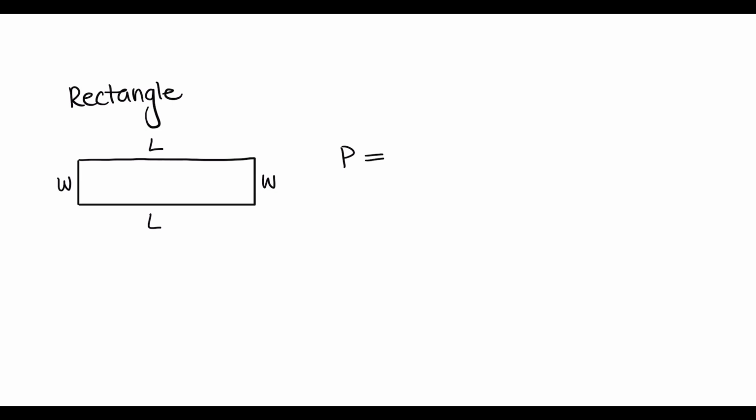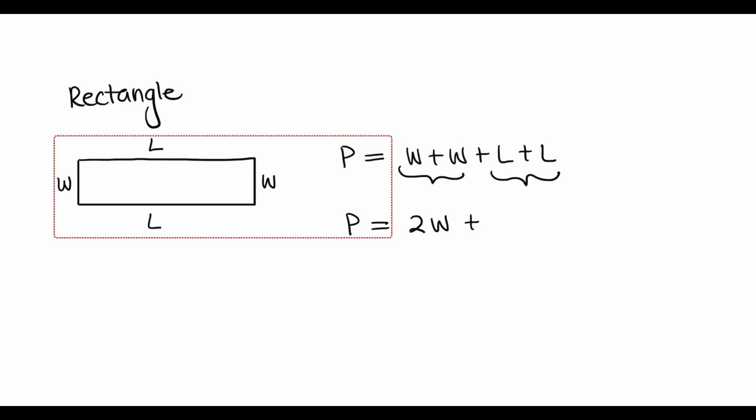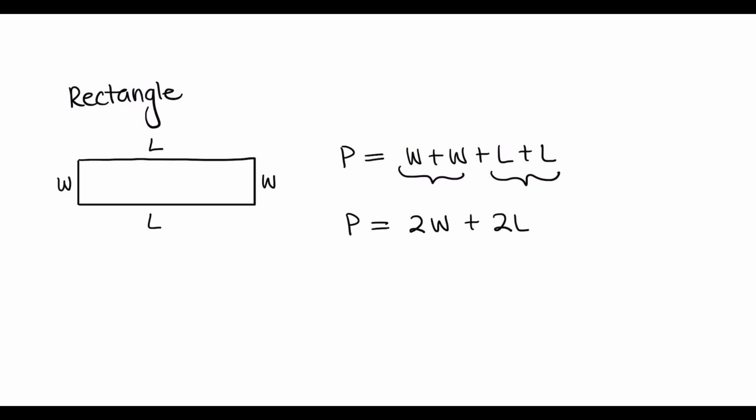So the perimeter for a rectangle is going to be width plus length plus width plus length. Now, we can once again simplify this by adding together like terms. So we get perimeter equals 2 width plus 2 length. And that is the equation that we can use for any rectangle.